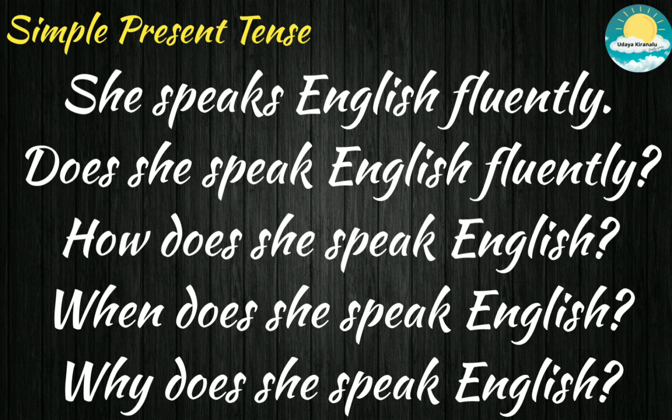Now, with the third person singular, the example sentence is, she speaks English fluently. The yes-no question is, does she speak English fluently? Here we used the does form because the main verb is speaks.